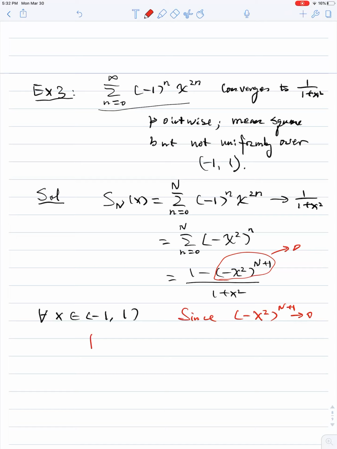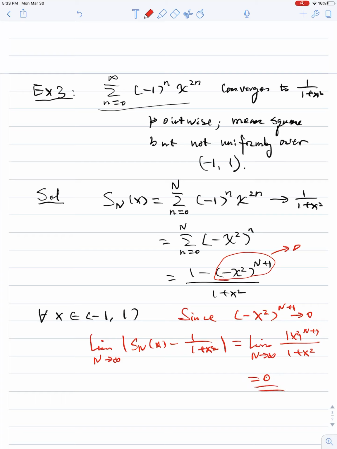So the limit of Sn(x) - 1/(1 + x squared) as n goes to infinity is (-x squared)^(n+1) over (1 + x squared), and as n goes to infinity, of course, this is 0.